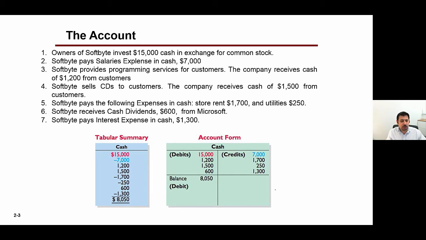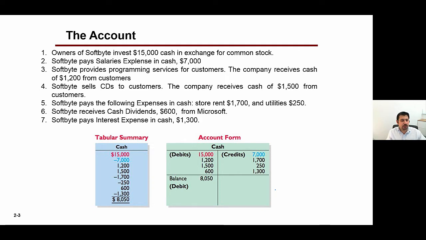So when you have an increase in an asset like cash, you put the amount on the debit side. You debit cash that amount. If you have a decrease in cash, you credit cash that amount. And it also works the other way around. If you debit cash, that means cash has increased, and if you credit cash, it means cash has decreased. So it goes in either direction.